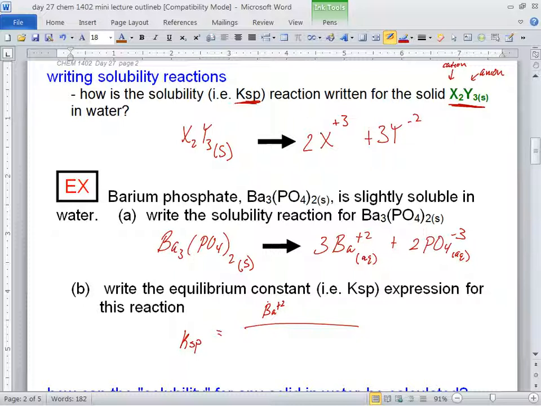The exponent. And then we were supposed to write it in what? Brackets. Okay, good. Keep going. And the PO4 negative 3, with 2. Yep. Over 1. Perfect. She caught it. Solids, you don't show up in equilibrium constants. Okay. So that's kind of where we're heading.